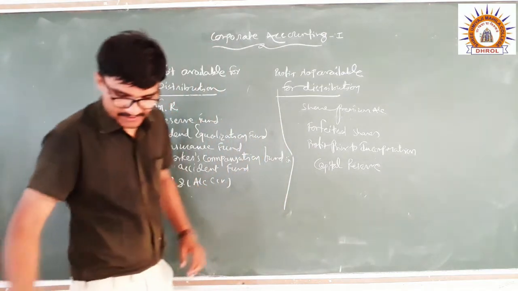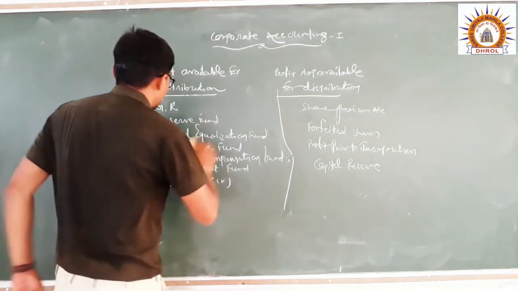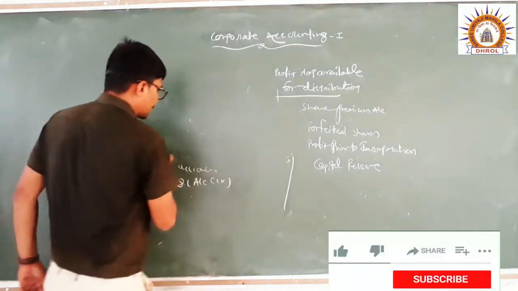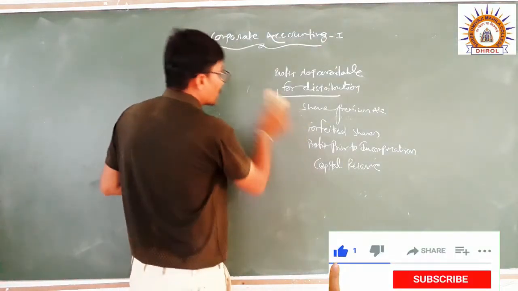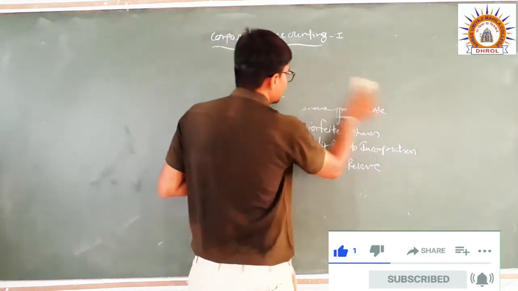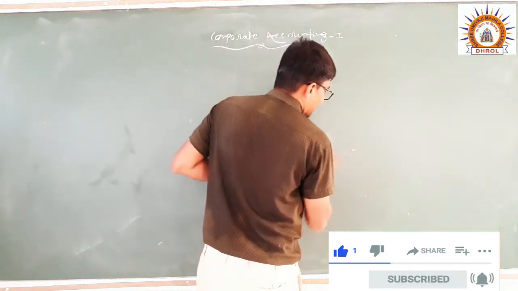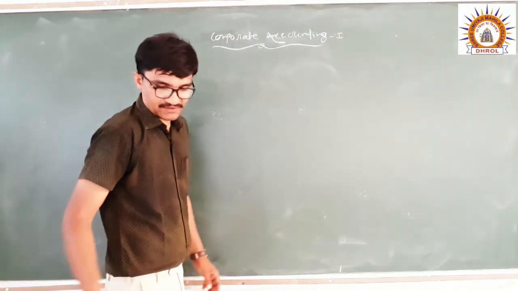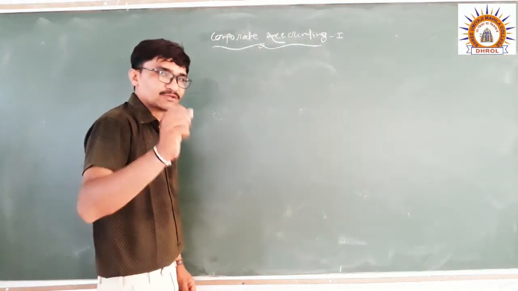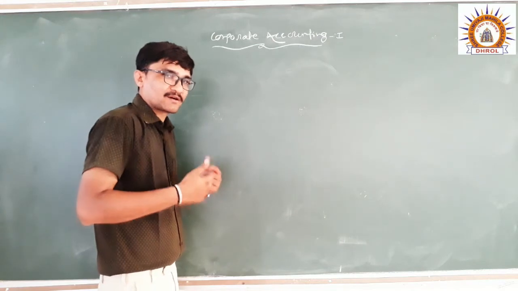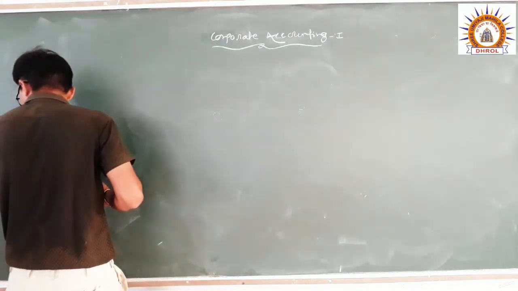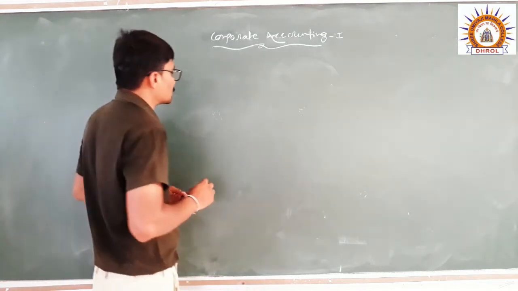So let me try to explain the journal entries one by one in the books of the company. One thing I am telling you: the accounts are prepared in the books of companies, so you just assume that we are the company. Prepare the necessary ledgers and accounting treatment in the books of the company.